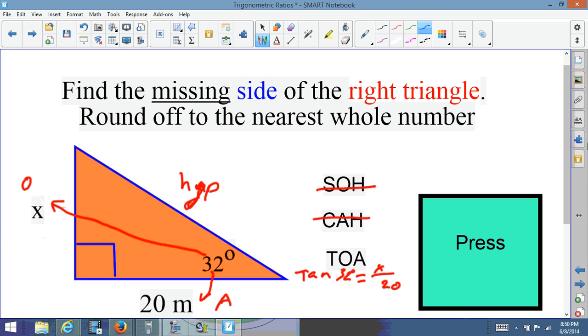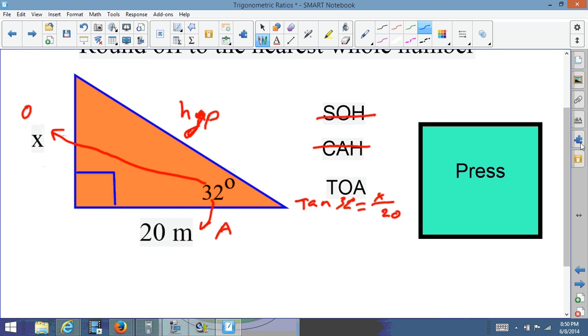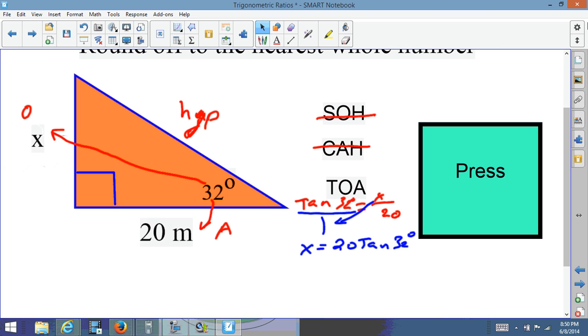And now all I got to do, I'm going to scroll down a little bit, all I got to do is put a 1 underneath here, and then I'm going to cross multiply. 1 times x is x, and 20 times tan of 32 degrees. And now I need my calculator one more time, so let me go and get it.